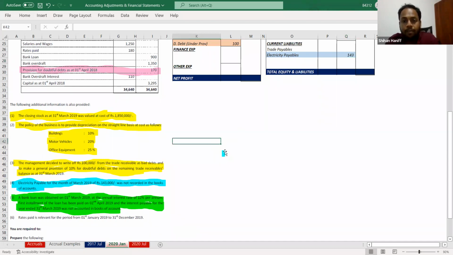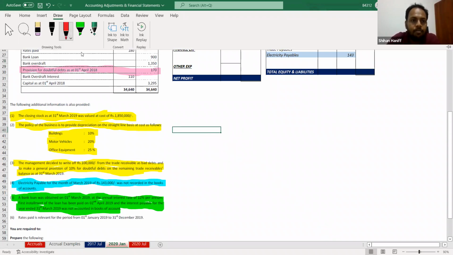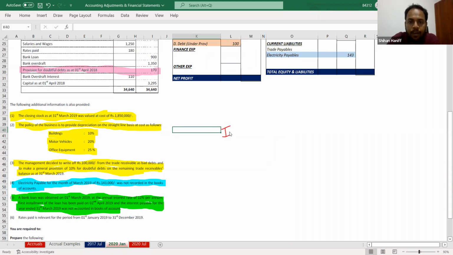First I will explain the meaning of installment, because most of the students get confused between installment and interest. An installment has two parts: one is the capital portion, the other is the interest portion.